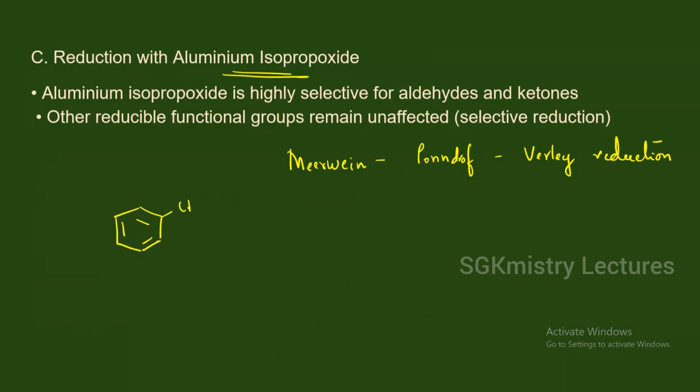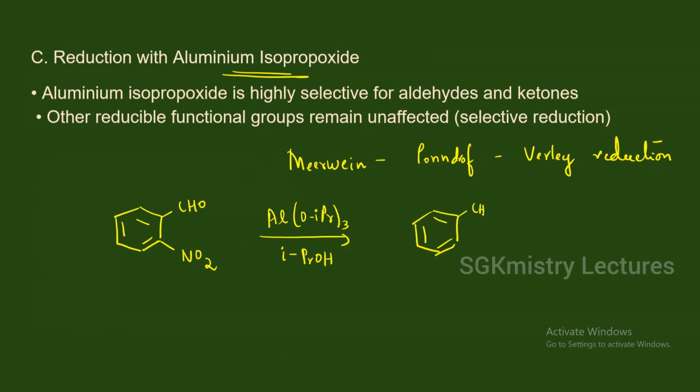So we have CHO and NO2. Now if I use this aluminium isopropoxide reagent in the presence of isopropanol, only the CHO group is reduced.